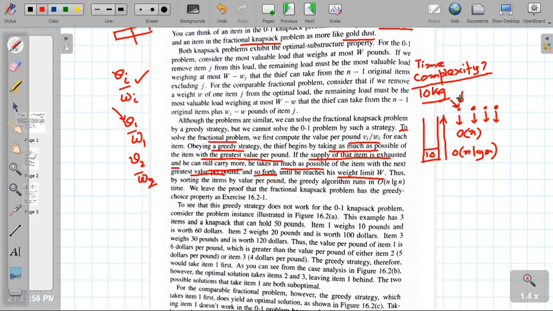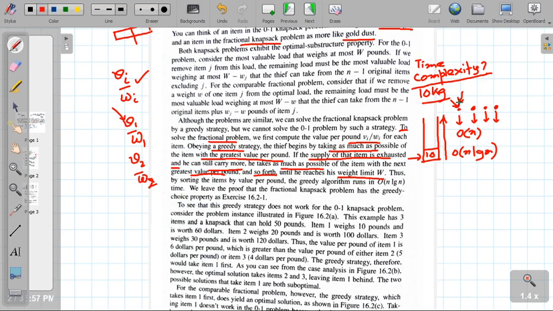So each item after sorting I take and keep in the bag, and then I have to calculate one more operation, the remaining capacity. So these two operations will be taking how much?